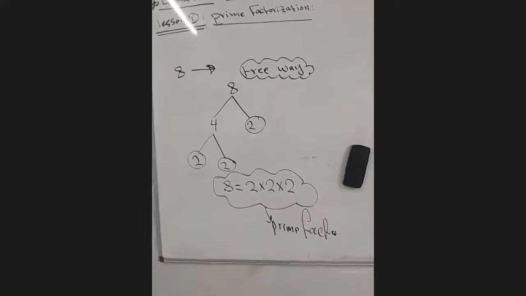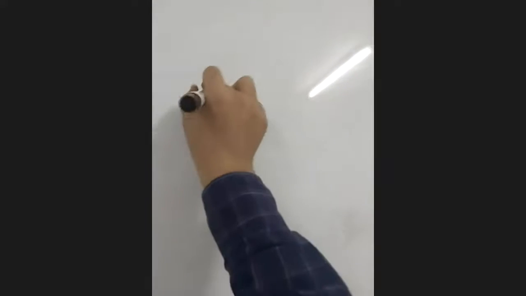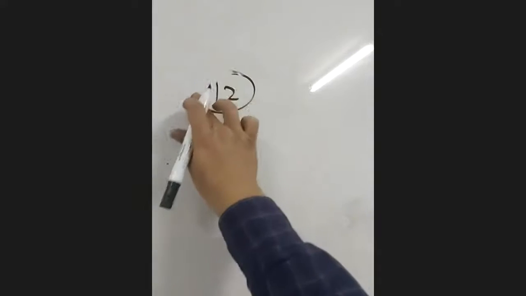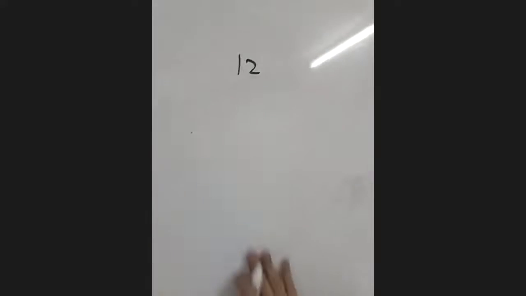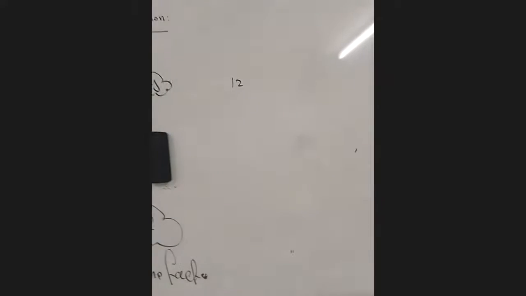Let's do another example, for example, guys, the number 12. How do we make prime factorization for the number 12? Look here, guys. Who can give me 2 numbers, any 2 numbers, if you multiply them, you get 12? Come on, other students. And the others, focus with me, guys. Come on, Kinan Barakat. Kinan, give me 2 numbers.